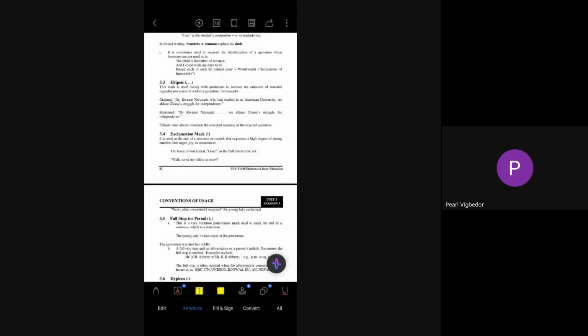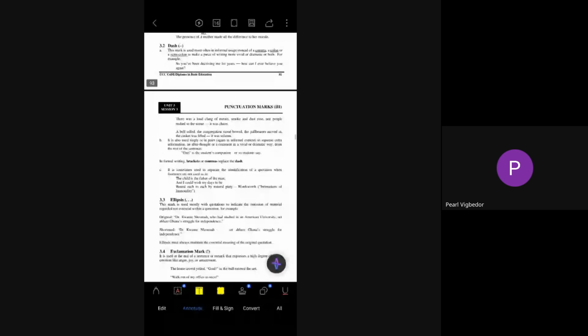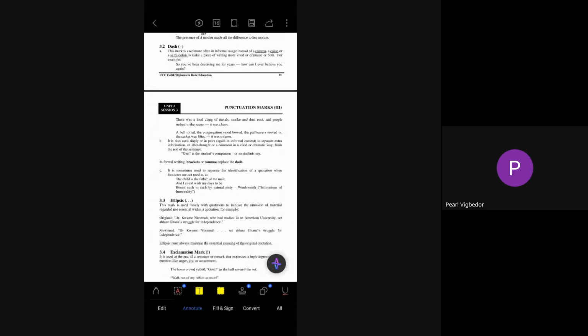I think the dash is longer and the hyphen is shorter. Thank you so much. That is all I wanted to hear. So the dash is longer whilst the hyphen is very short.